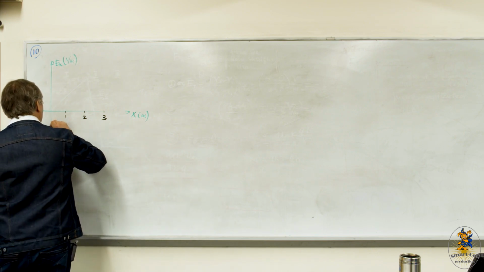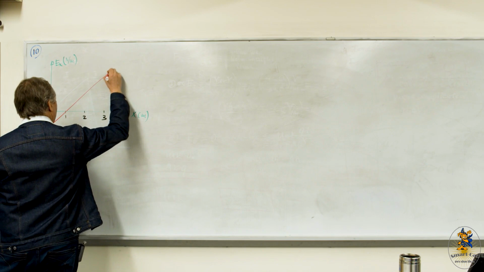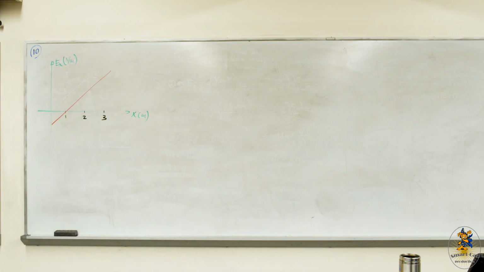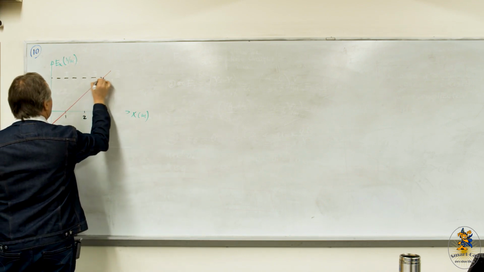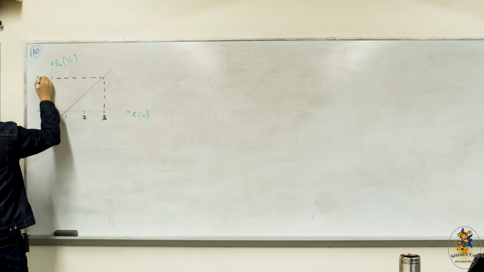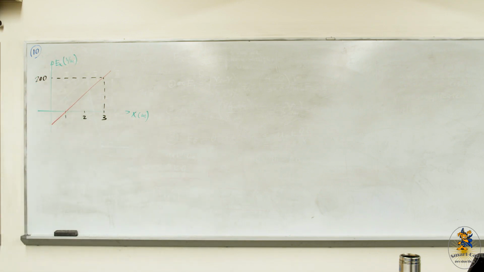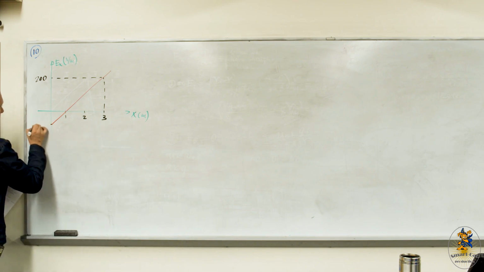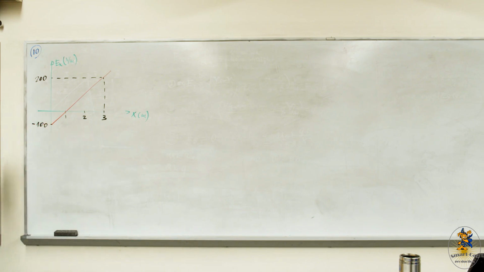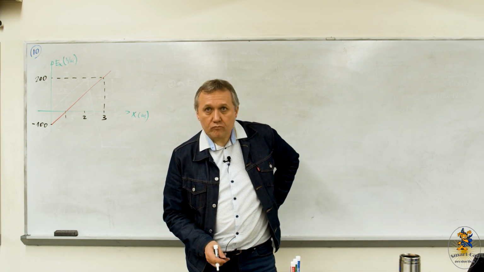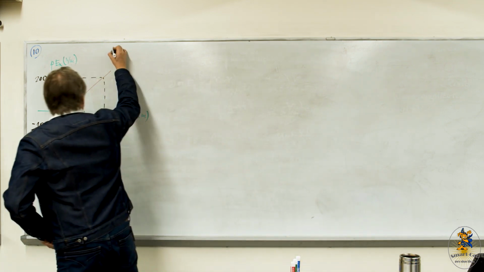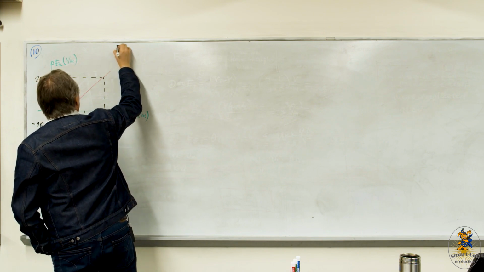So it will be a straight line. This will be 0.3. And at that point, the value of the electric field is 200. Then this point is minus 100 volts per meter. So let's find the potential difference between points 0 and 3.